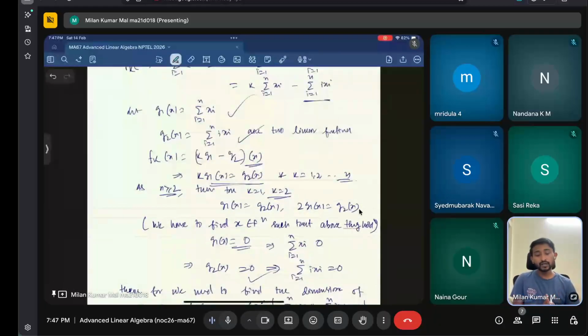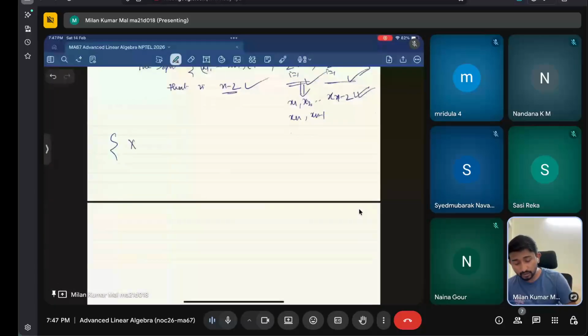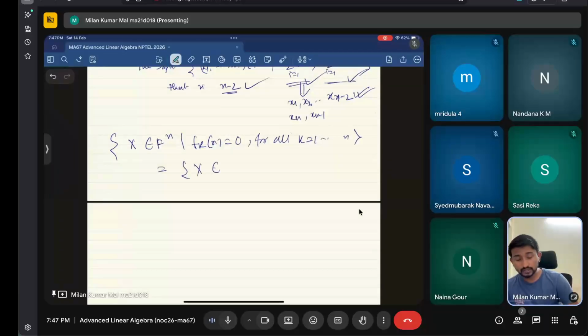Conversely, if g1(x) equals 0 and g2(x) equals 0, then automatically these hold, and then automatically fk(x) equals 0. So the set of x in Fn such that fk(x) equals 0 for all k from 1 to n is the same as the set of x in Fn such that k g1(x) equals g2(x) for all k from 1 to n.